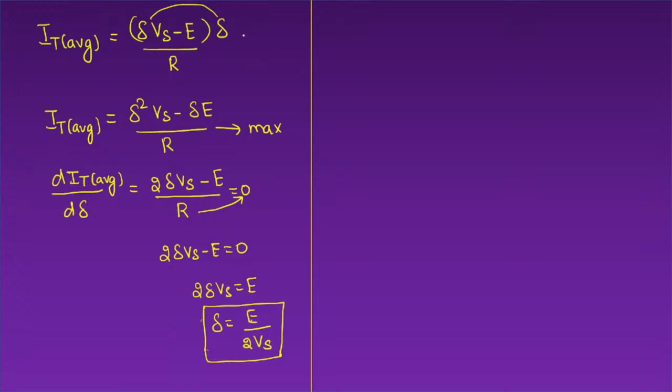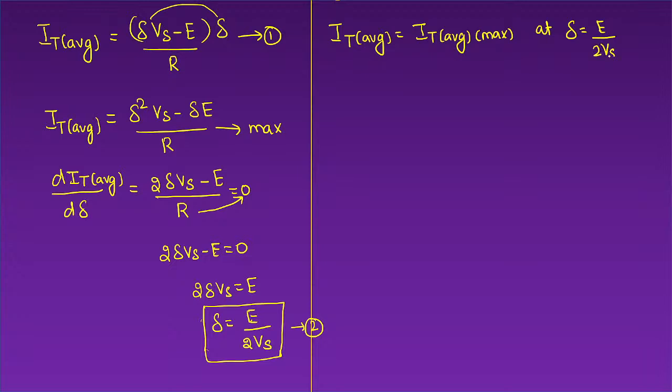Now, let me treat this one as equation number 1 and this one as equation number 2. I know the average value of the thyristor current will become maximum at delta equal to E upon 2 times Vs. That's all.